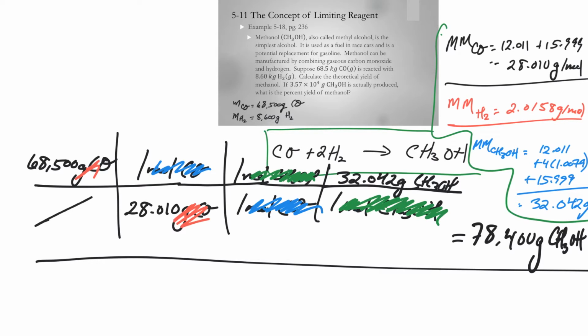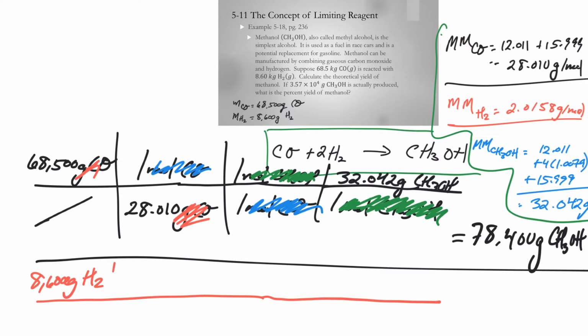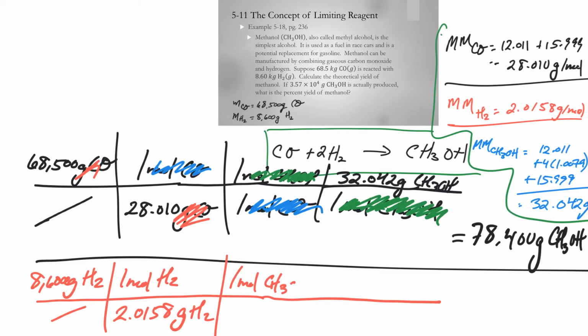Now, if I'm using the hydrogen, we've got 8,600 grams of hydrogen divided by its molar mass, times the mole ratio of methanol to hydrogen, which is 1 mole of methanol to 2 moles of hydrogen, and then again multiply by the molar mass of methanol.